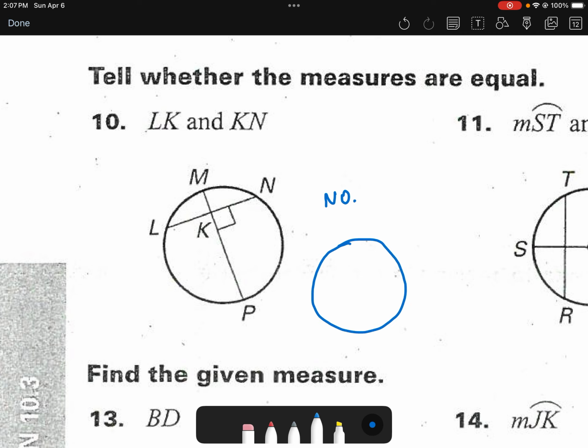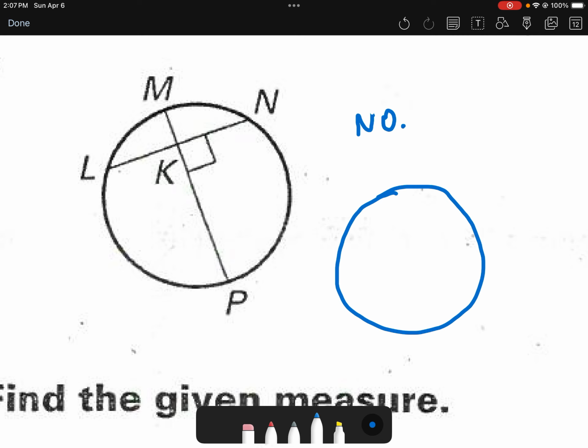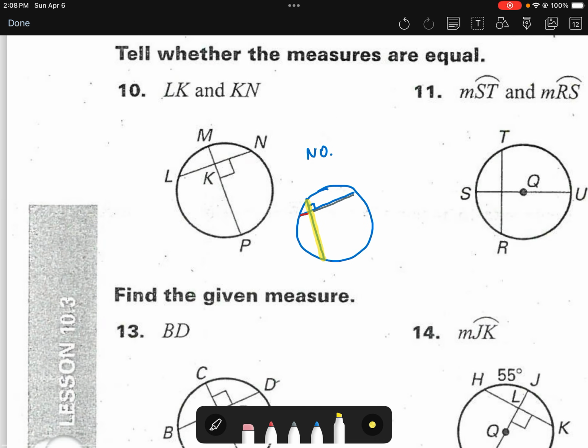Like for example, I could draw you this circle. I could put a chord here, and I could put a chord here, and we could have that right angle right there. Does that mean that this segment and this segment are congruent? It doesn't. Now if this segment was a diameter, then that would change things, but it's not.